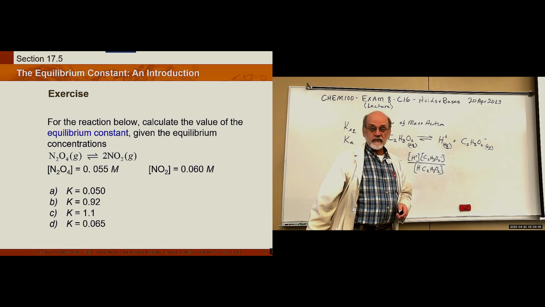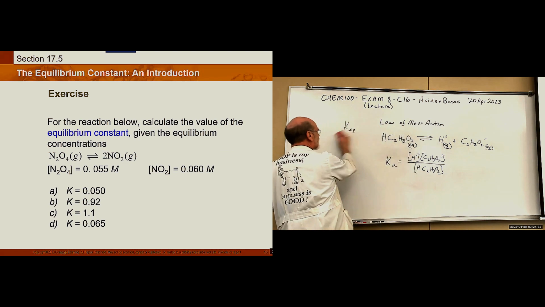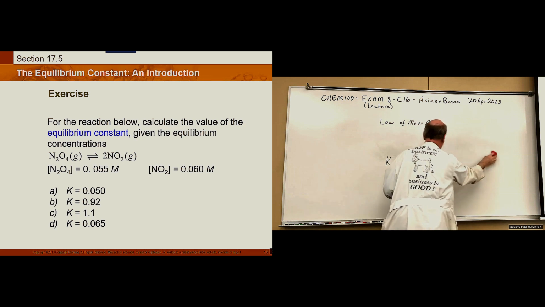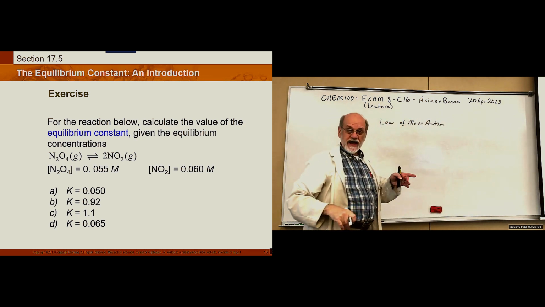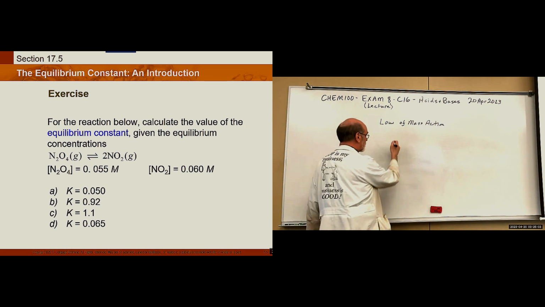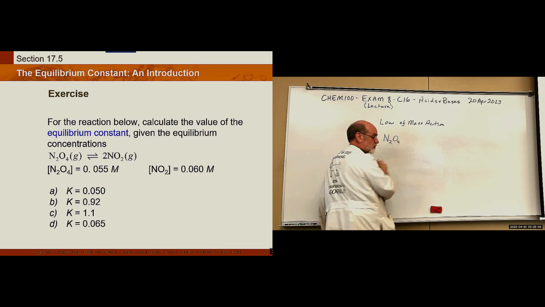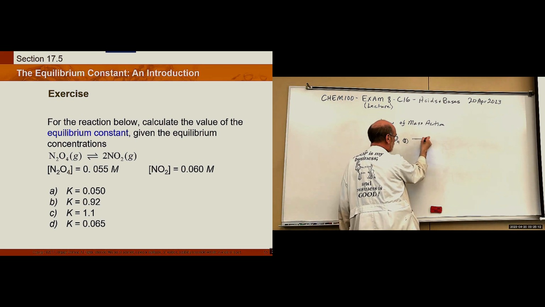Okay, for this reaction, now we're going to use actual numbers and see what the value is for a given reaction. In this case, we've got one reactant and one product. We have dinitrogen tetroxide. That's a gas.